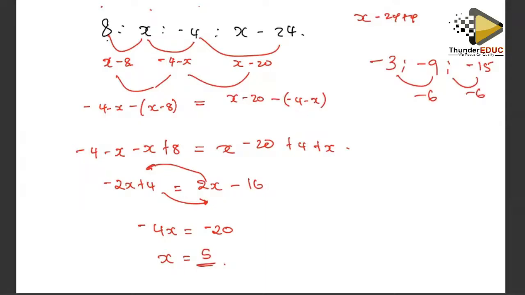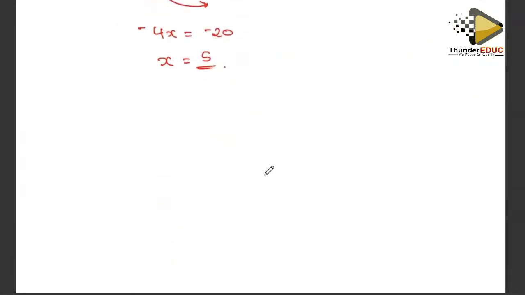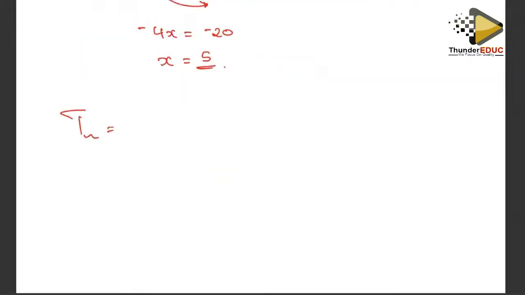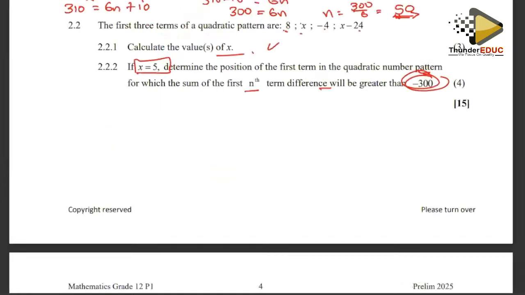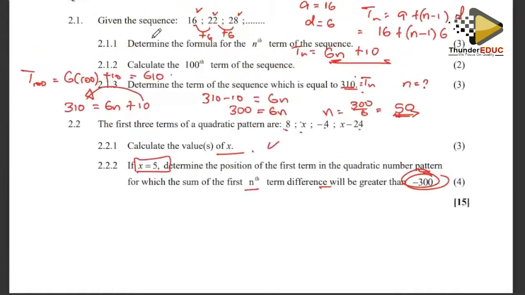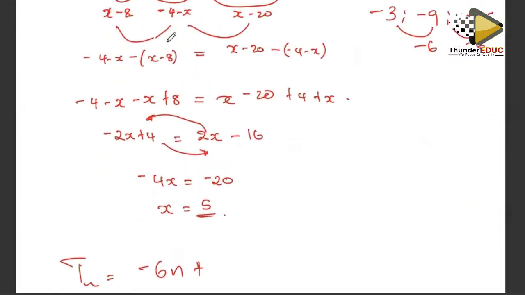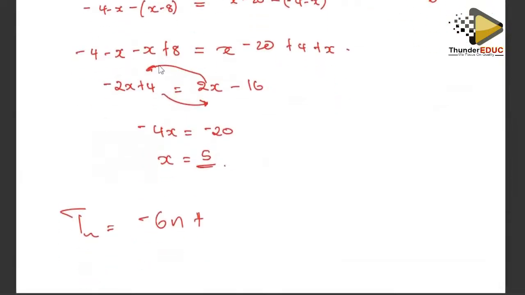Meaning that our Tn, do we need the Tn? Yeah, we need to get the position. So Tn is going to be negative 6n plus, remember we said negative 6n plus 3.